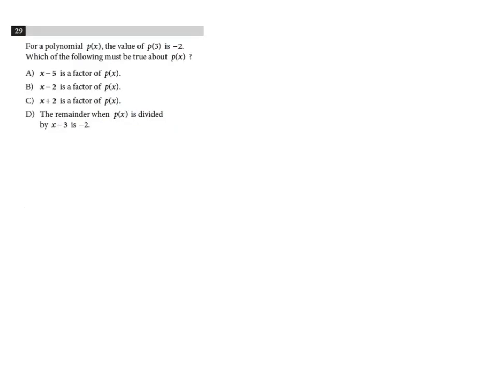Okay, number 29. For a polynomial p of x, the value of p of 3 is -2. I'm just going to write that out: the value of p of 3 equals -2. Which of the following must be true about p of x?